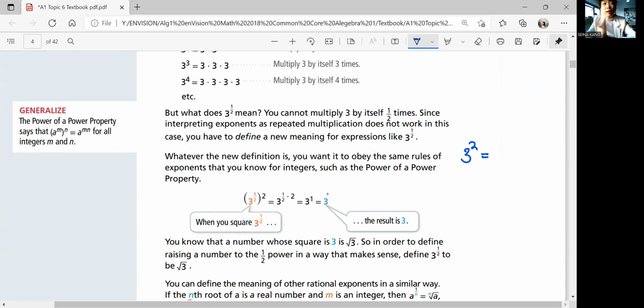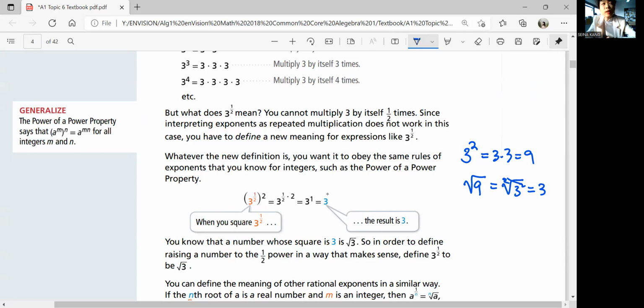So think about the powers and the square root. 3 squared is 3 times 3, which is 9. And that means the square root of 9 is 3. Okay, the square root has an index number. If it's invisible, it's 2. So the square root and the power of 2 cancel each other out, and you get the base.